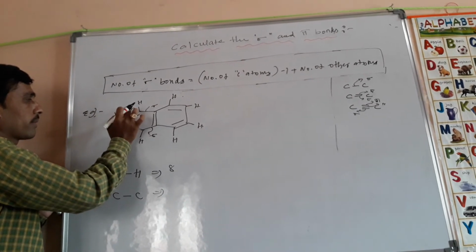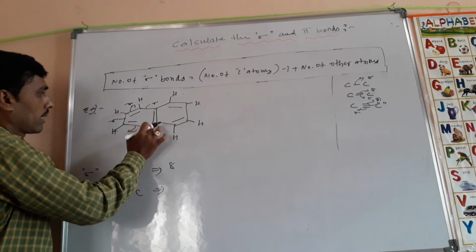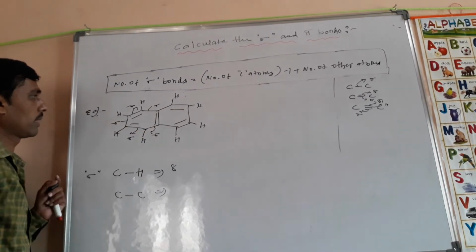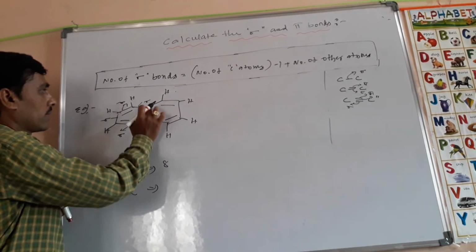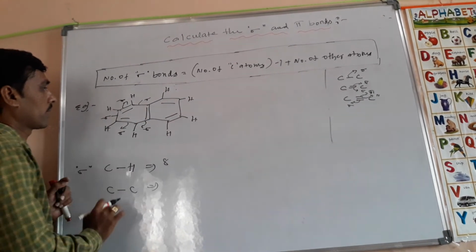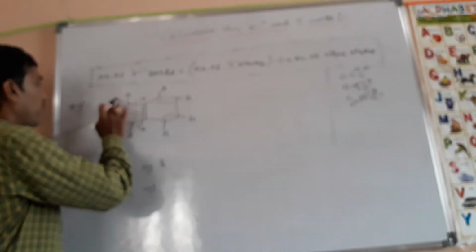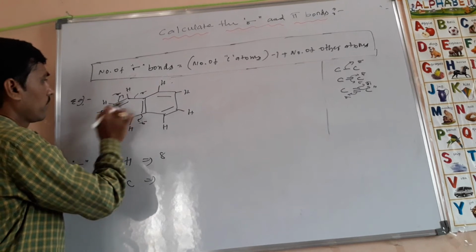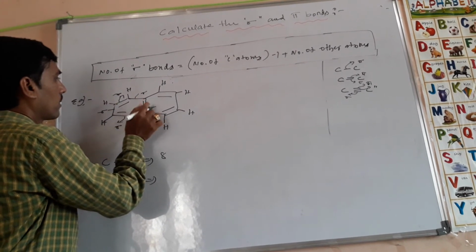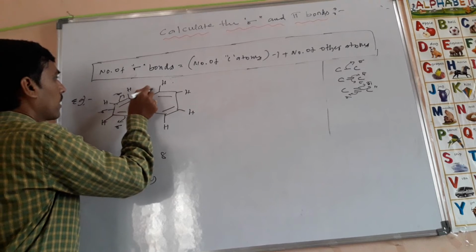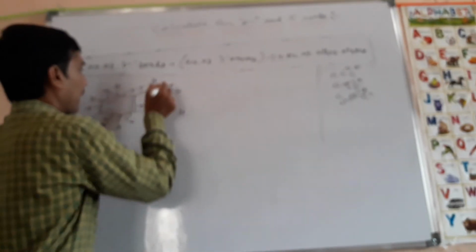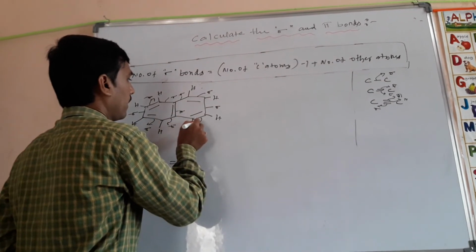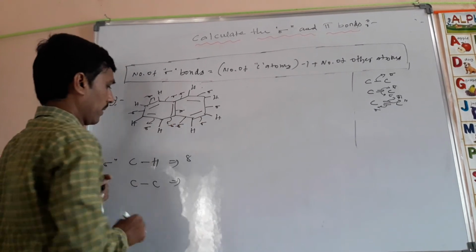Totally we count the carbon sigma bonds: 1, 2, 3, 4, 5, 6, 7, 8, 9, 10, 11.